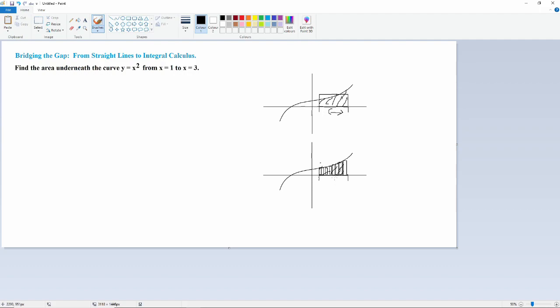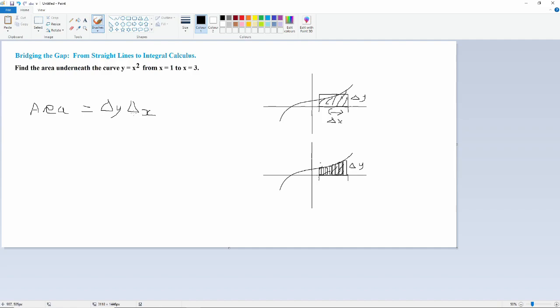Now, if we look at these rectangles, the height is going to be delta y. That is to say, the change in height, y. And the width is the change in x. So for a single rectangle, the area is equal to delta y times delta x.